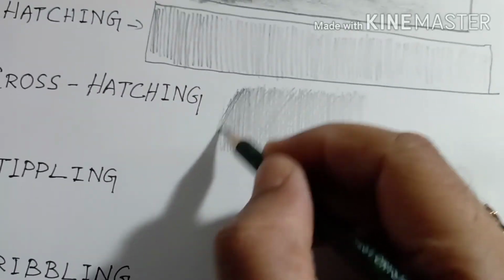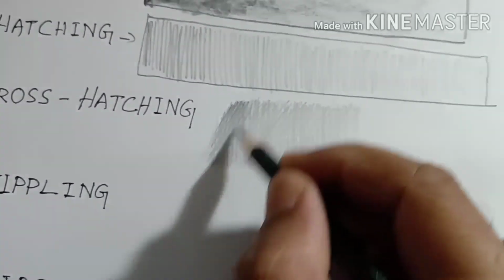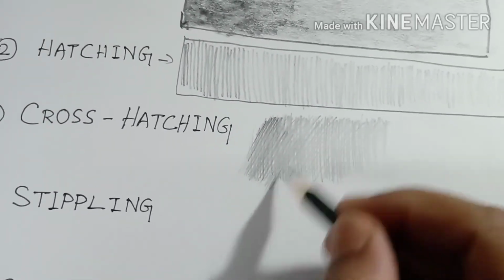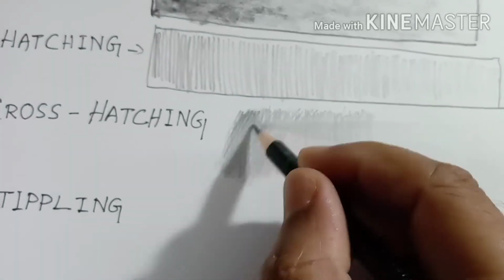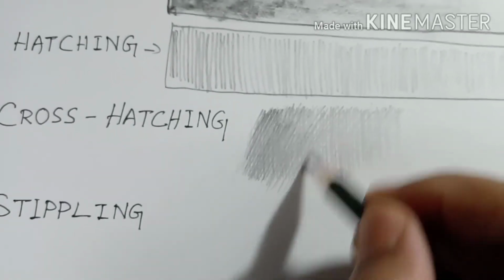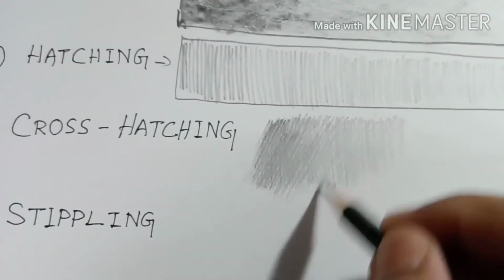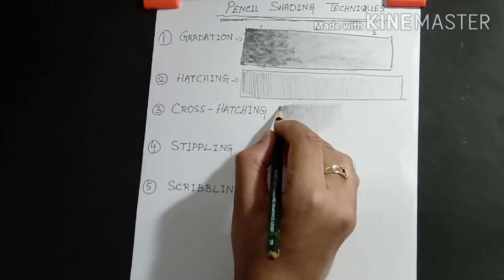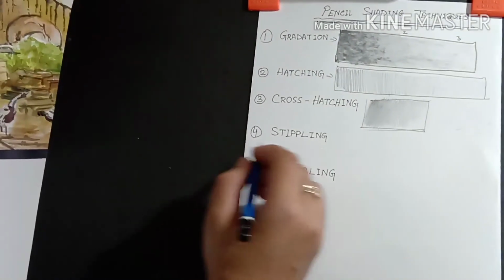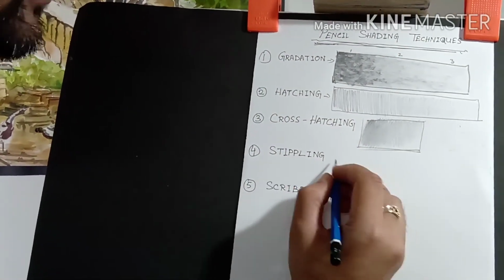If you need more dark, you do it on it again. So it is called cross hatching.